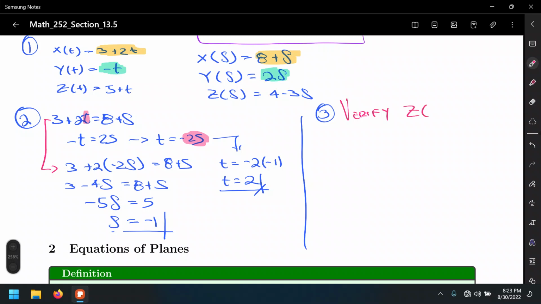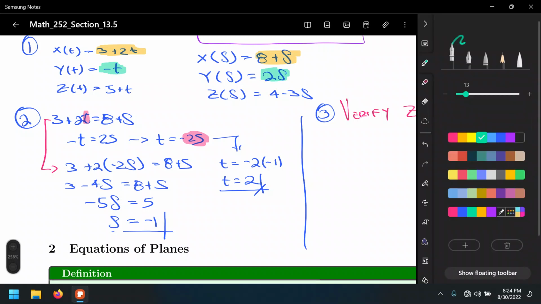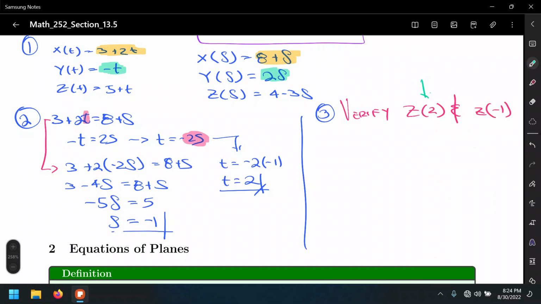Verify number 1, z of the value of t. We got 2, and z of the value of s, in this case, negative 1. These two correspond to r of t, lowercase, and big R of s respectively.